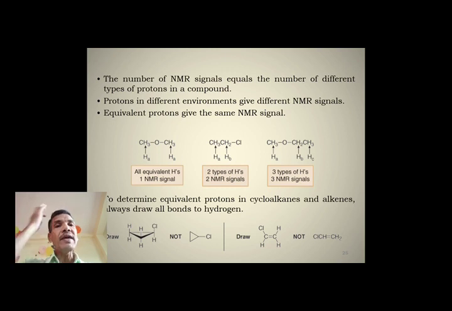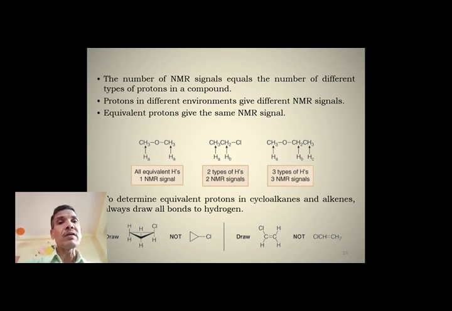The number of NMR signals equals the number of different types of protons present in a compound. We will discuss some examples. Protons in a different chemical environment give different NMR signals.